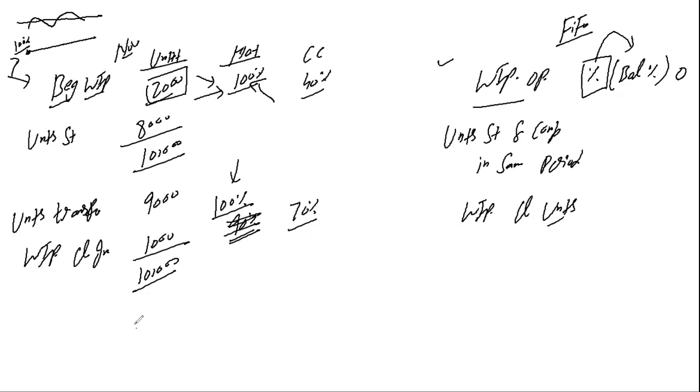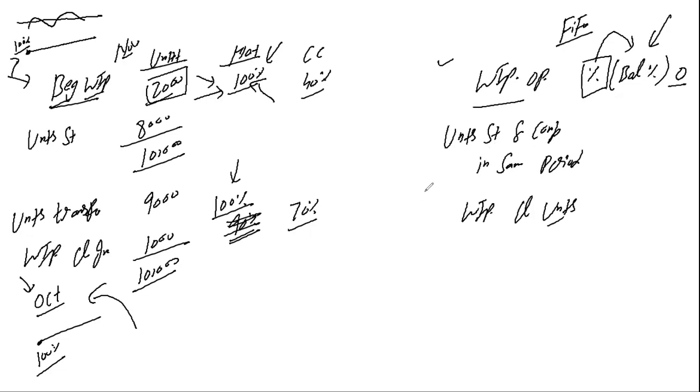It means these units started in the month of October. The time these units started in October, at that time 100% material we already added in the month of October. That's why when you got the beginning work in process, it was 100% completed with respect to materials. So you are not going to add anything during the period. Always you have to look for balancing percentage. As you are not going to add anything during the period, so you will write here 0.